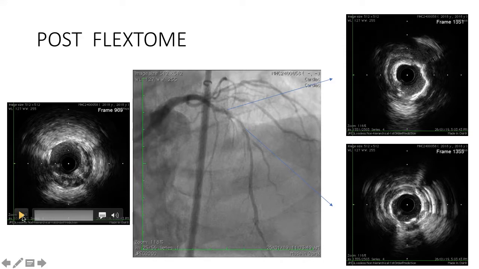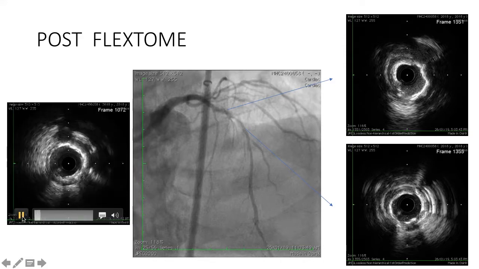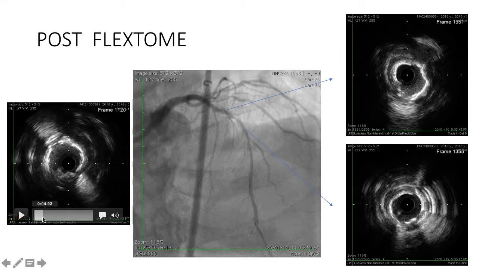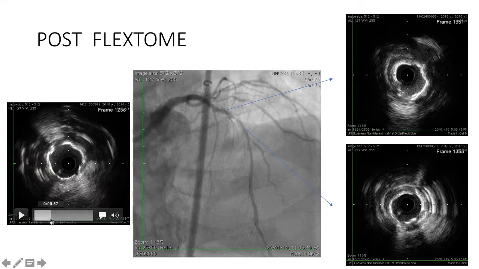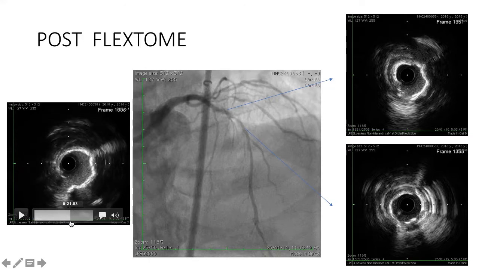So there were almost 2 to 3 disruptions in the circumferential calcium, which ensures your stent expansion at the first go.